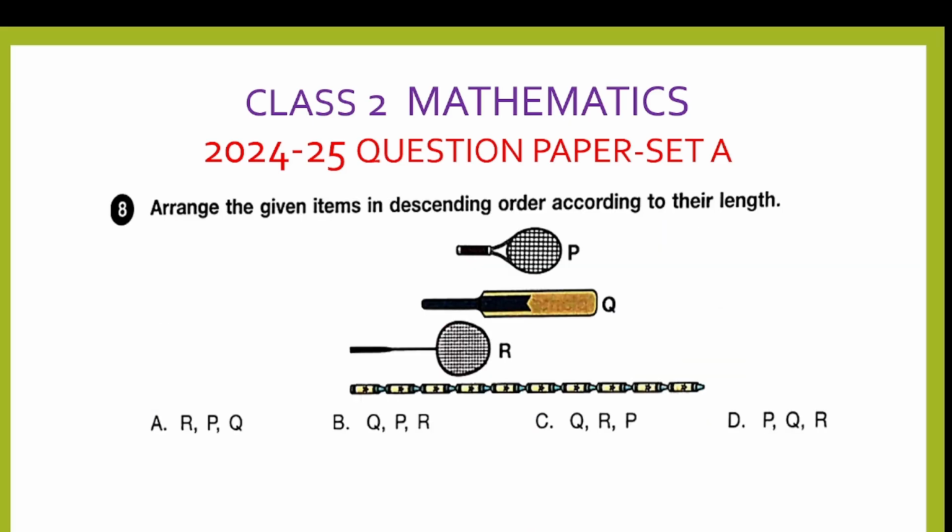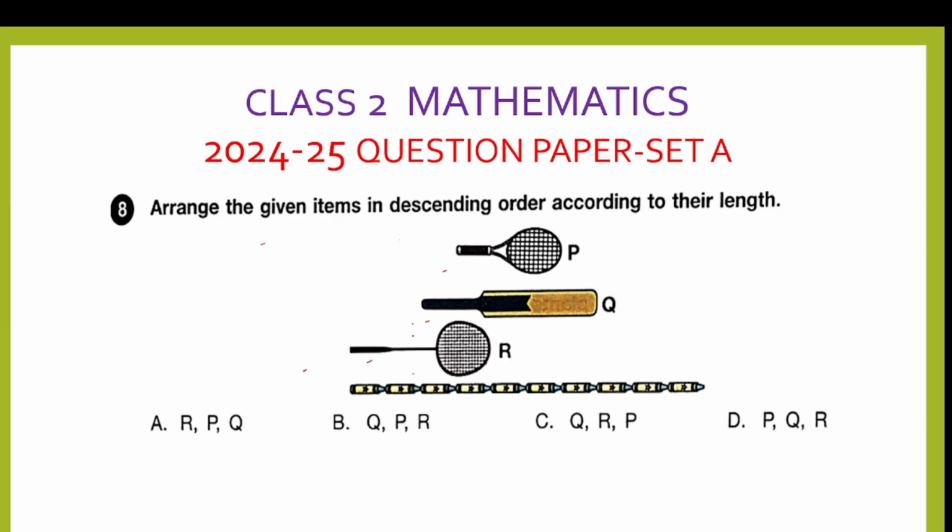Next question. Arrange the given items in descending order according to their length. We are given a racket, a bat, and a tennis racket. We have to arrange the given items in descending order according to their length.